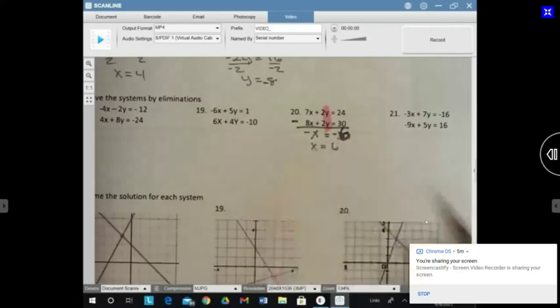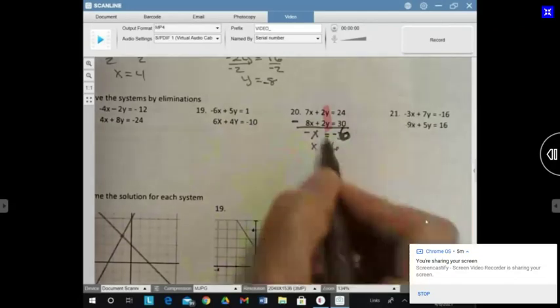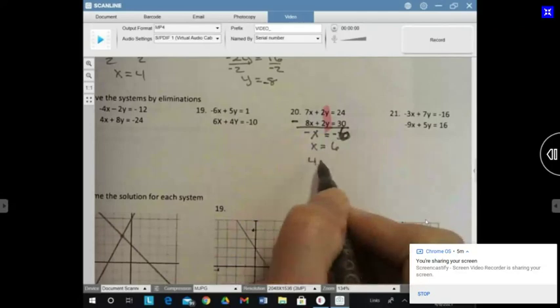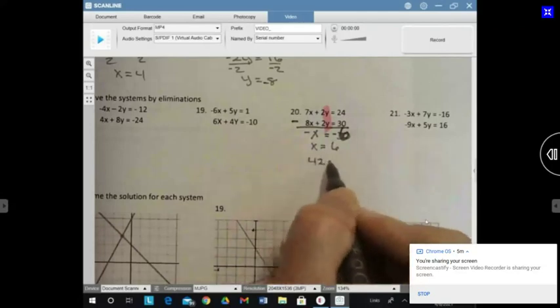And now I got to plug it in, right? 6 times 7, 42, plus 2y equals 24.